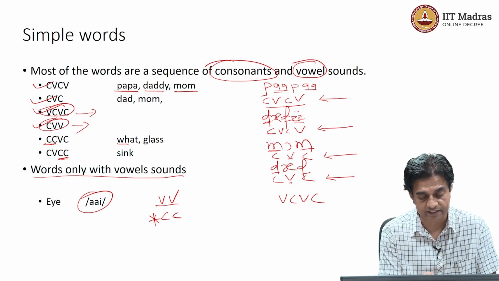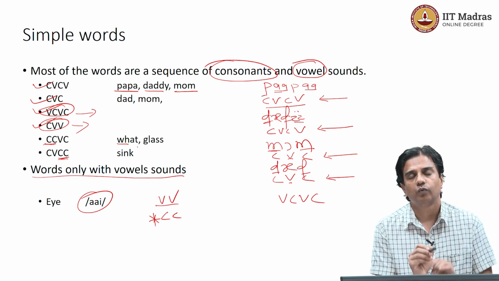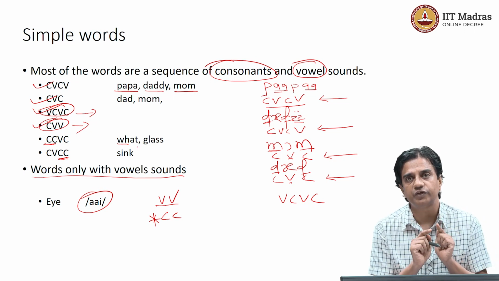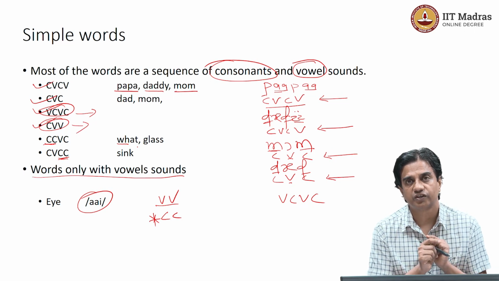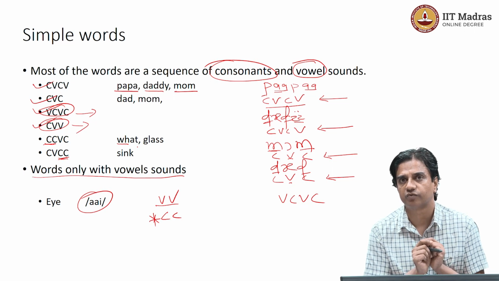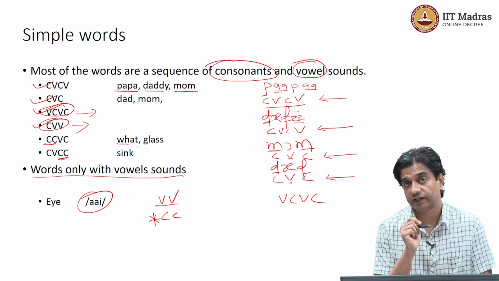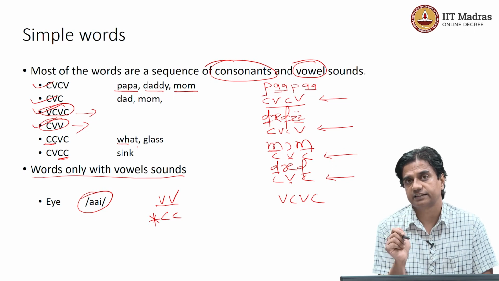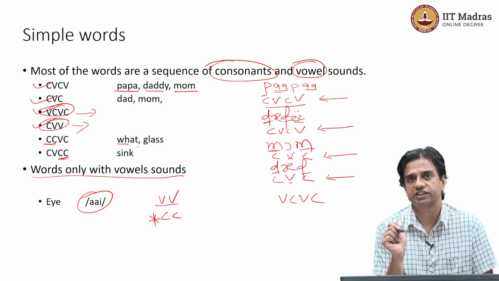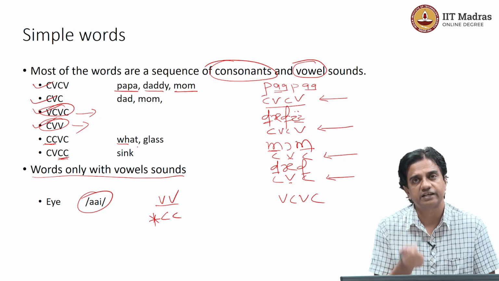Examples like glass. Remember, when we speak, we use speech sounds to articulate English words, and when we write, it is in the form of its spelling.